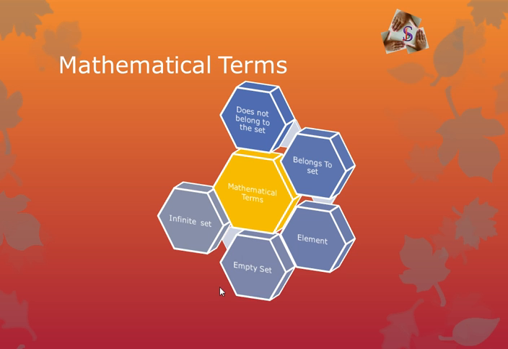So when we say an empty set, it means there is no element in that set. When we say an infinite set, it means that there are many numbers. Representation becomes difficult. And singleton set, as I've always told you, it means that it just consists of a single element. So these are some of the terms that we use in sets.